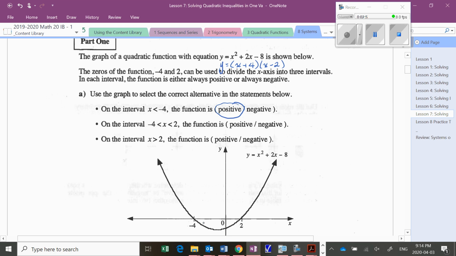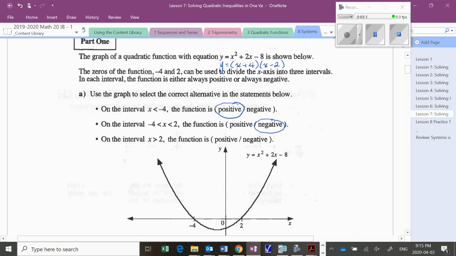It's hard to think about the x values because oftentimes we're seeing things in 2 dimensions. We're seeing the y values. Don't worry about the y values other than the fact that they are negative, they are below the x-axis, and therefore in that middle interval the function is negative.